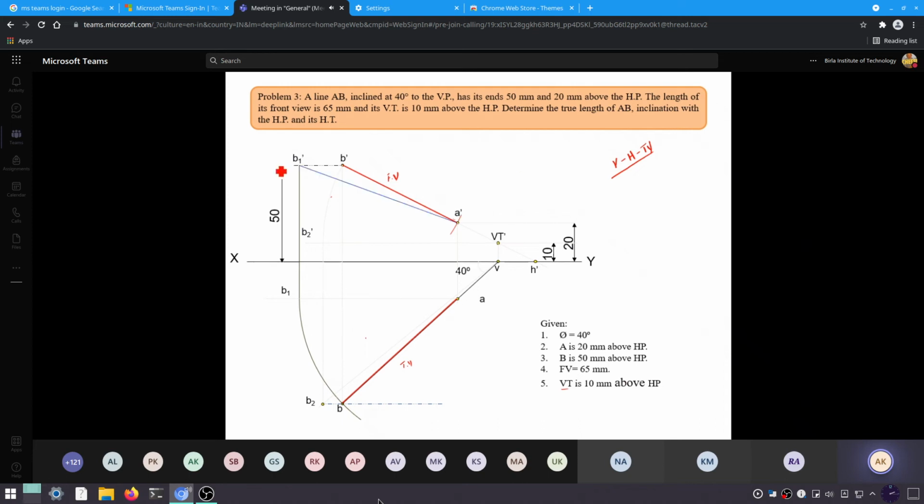Joining the A dash and B1 dash, you get the true length. We measure that length and put it over here. We measure this angle and put it over here. This will give you theta. And we are going to extend this top view further to obtain capital H.